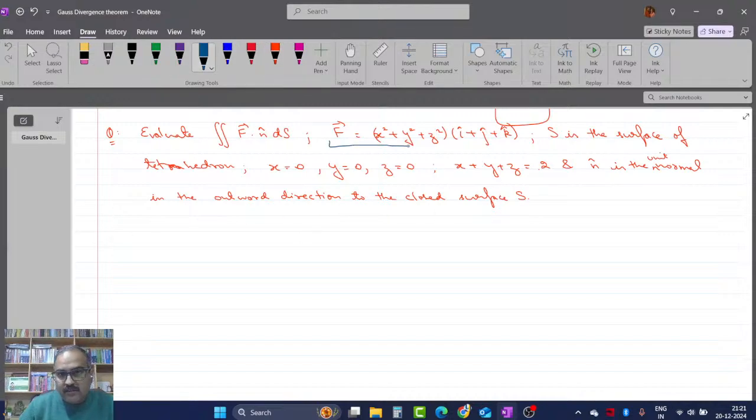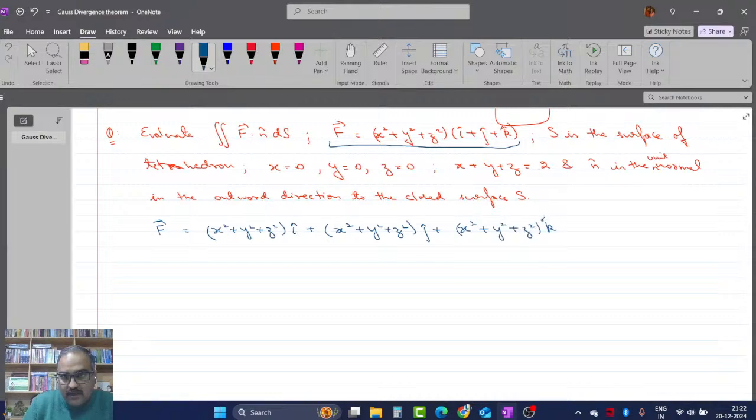Now I have given the value of F vector. So if I want to write it in proper manner, it will be x square plus y square plus z square into i cap plus again x square plus y square plus z square into j cap plus x square plus y square plus z square into k cap. That is basically the value of F vector.